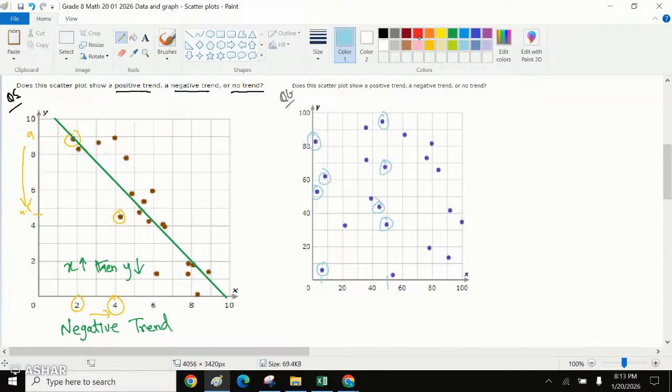So if we draw a line like this, this point is very far and this point is very far from the line. It cannot have a positive trend, right? Similarly, can this have a negative trend? Because this is very far and these points are very far from the line. So it cannot be a negative trend either, right?